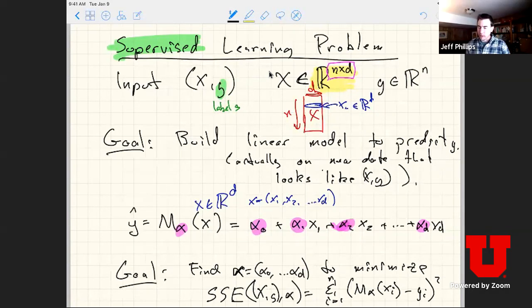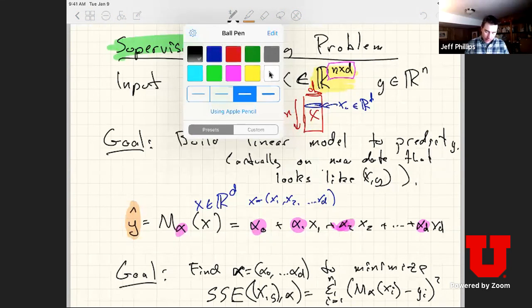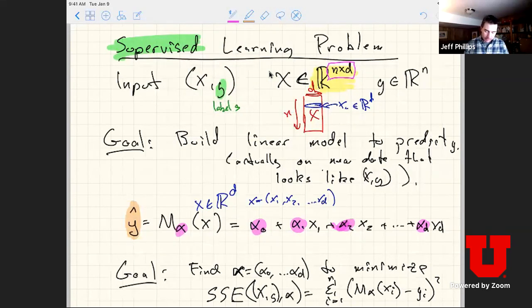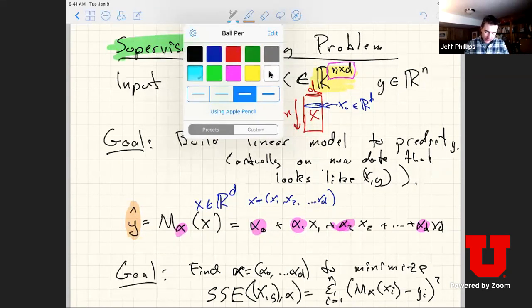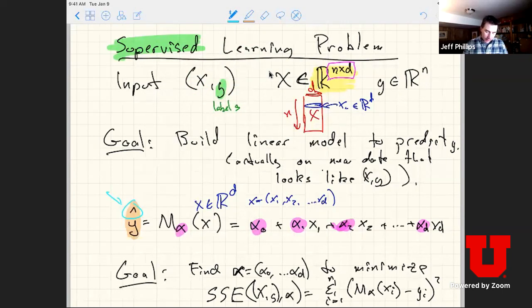Yeah, great. So y hat, when I write y hat, this hat notation indicates it's some form of an estimate. If I put a hat on, I'm estimating something.